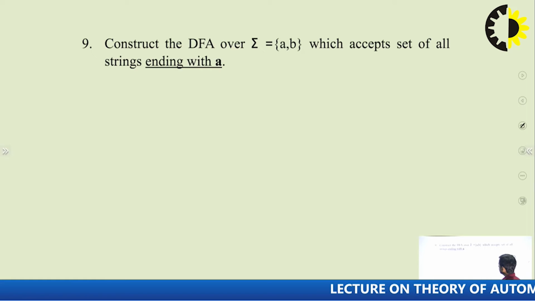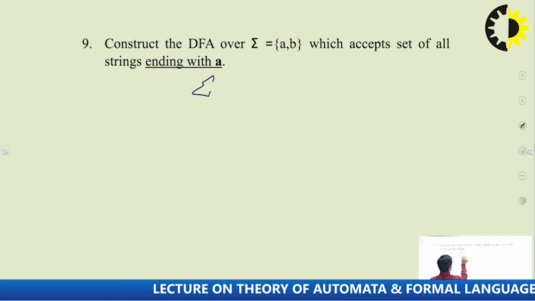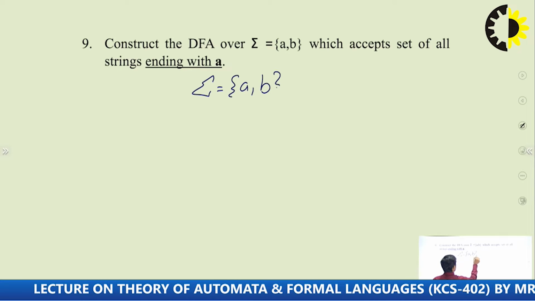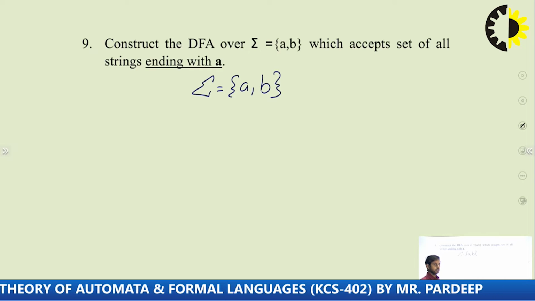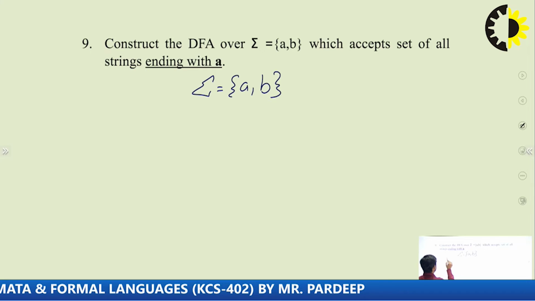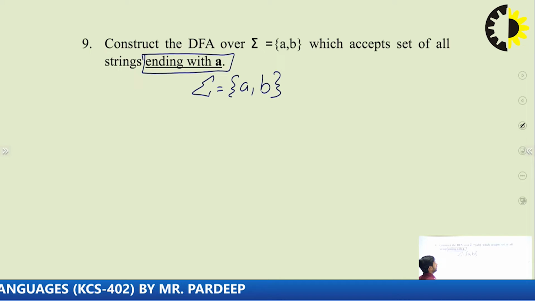Now let's see the next question. Construct the DFA over sigma equal to A comma B which accepts the set of all strings ending with A. Ending with A is the only condition.